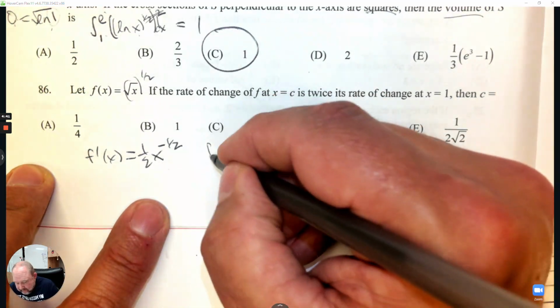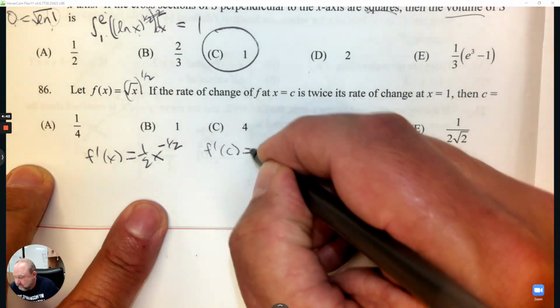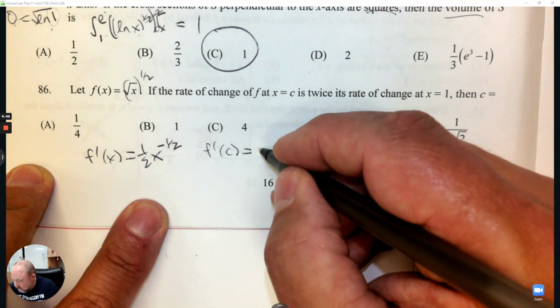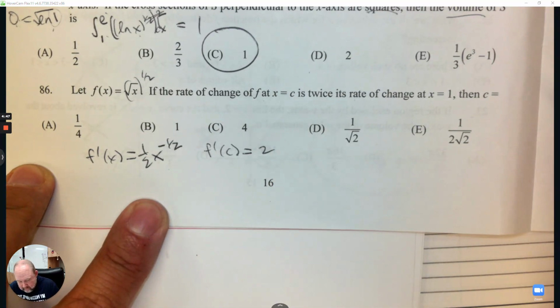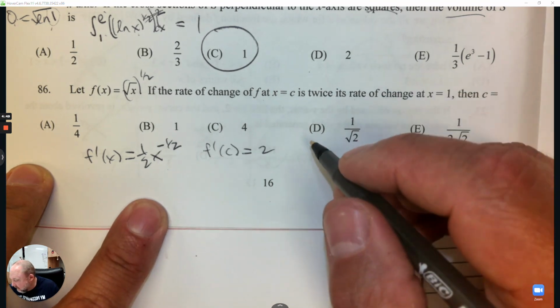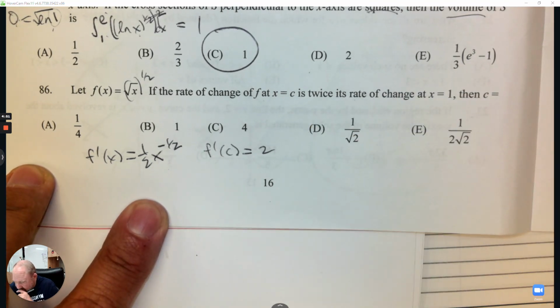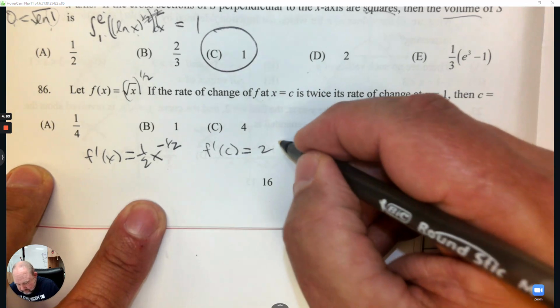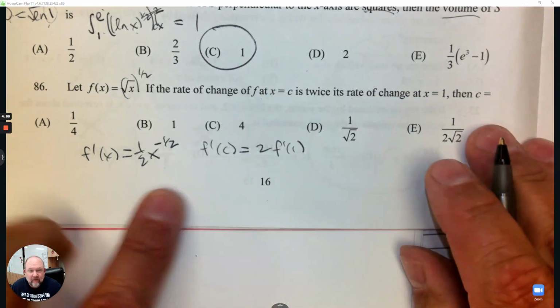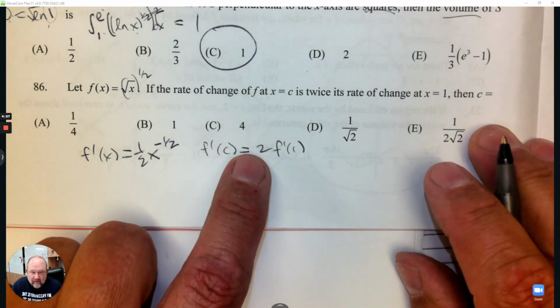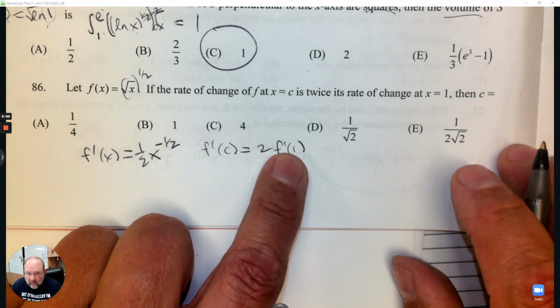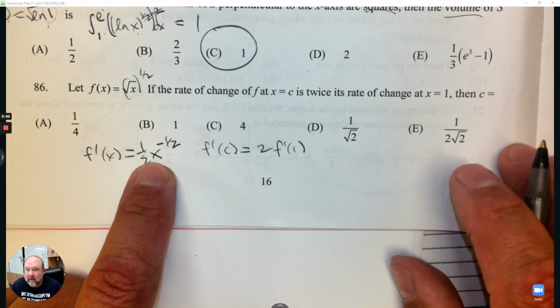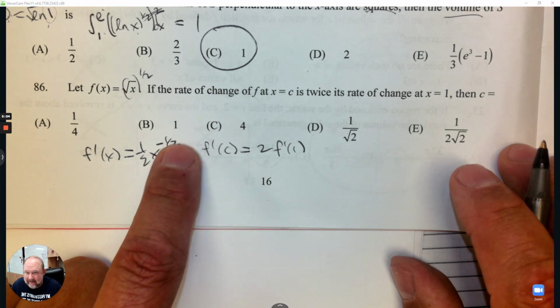So the derivative at c is equal to 2 compared to the derivative at 1. That's twice as big. So whatever the derivative at c is, it's 2 times whatever the derivative at 1 is. If I plug 1 into the derivative, 1 to anything is 1.